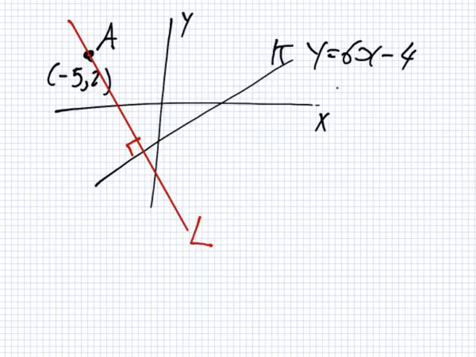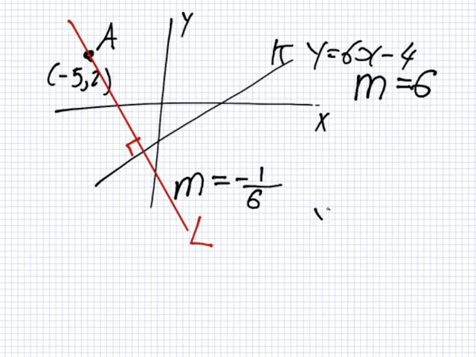What is the m for this line K? It's 6. So what is the m for this line? Minus 1 over 6. Yeah, so you have y equals minus 1 over 6x plus c.